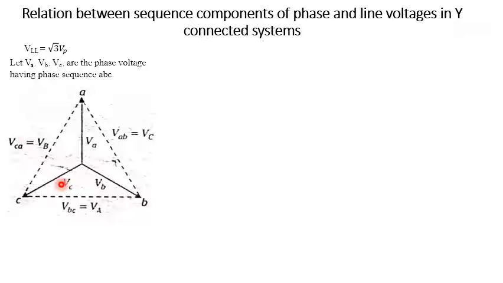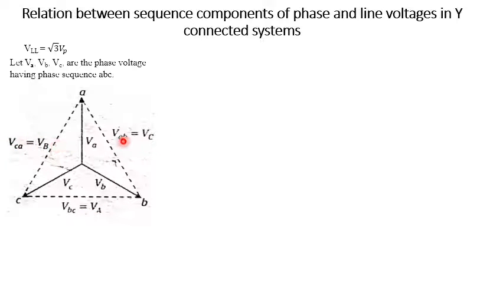Then the line voltage between phases A and B is VAB. Similarly, for phases B and C it is VBC, and for C and A it is VCA. Then this is denoted as: between A and B is VC, between B and C it is VA, and between C and A it is VB.